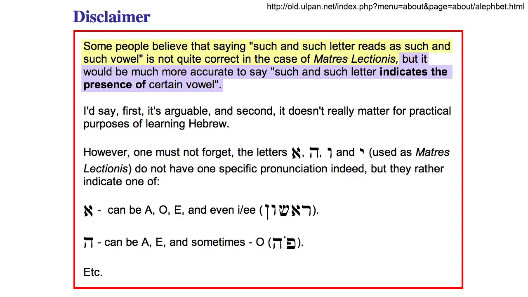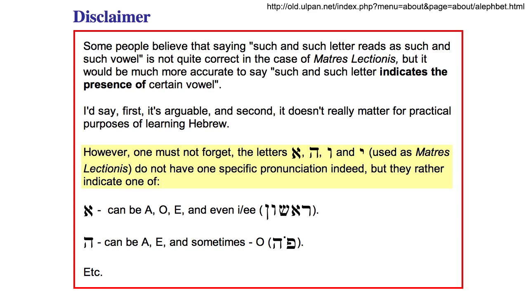The reason why is because in different writings throughout history, these quote-unquote vowel letters have been used differently. That's why it says this. However, one must not forget the letters Aleph, Hey, Wa, and Yod, used as Matres Lectionis, do not have one specific pronunciation, but they rather indicate one of several.